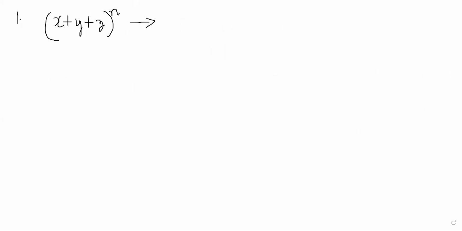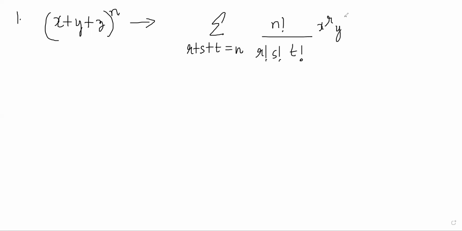The general term is such that r plus s plus t equals n, and it will be n factorial by r factorial s factorial t factorial, x power r y power s z power t. That is the general term of this series, right?